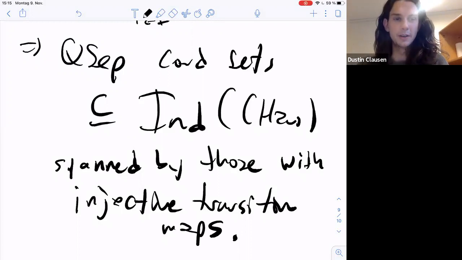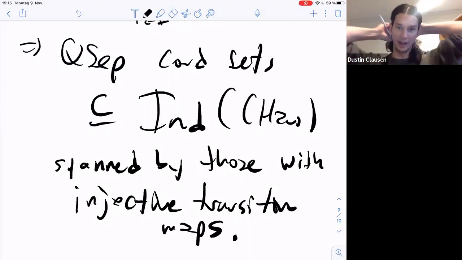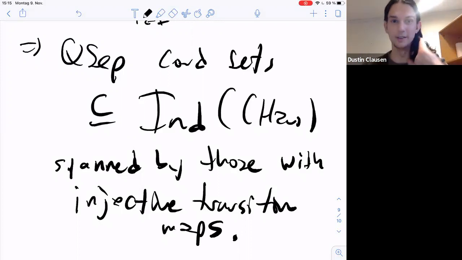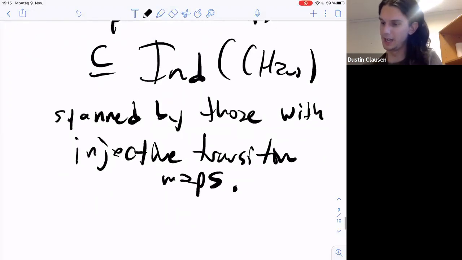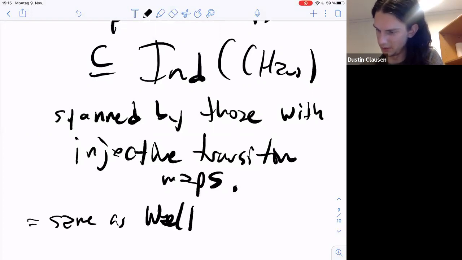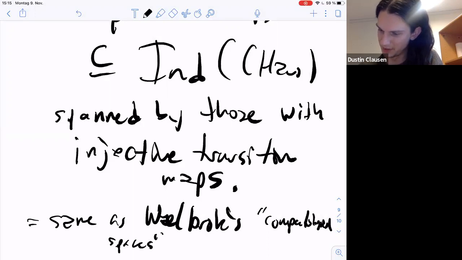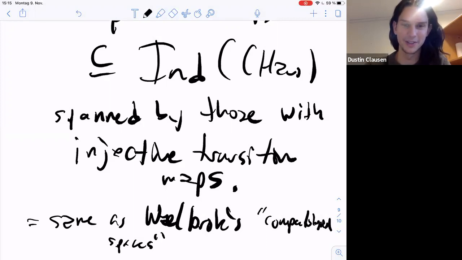Right. So these quasi-separated objects, which are kind of the analog of Hausdorff in the world of condensed sets, are very easy to describe. It's very easy to describe the manner in which they're built out of compact Hausdorff spaces. By the way, these are the same as Waelbroeck's compactological spaces, which he proposed as a good framework for doing functional analysis, using compactological vector spaces and so on.